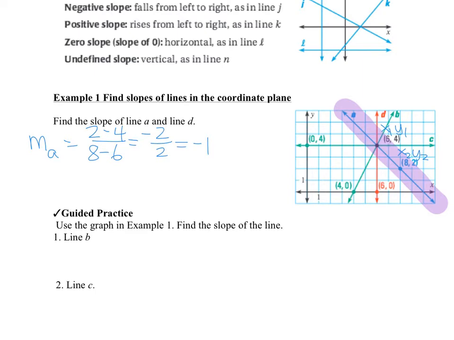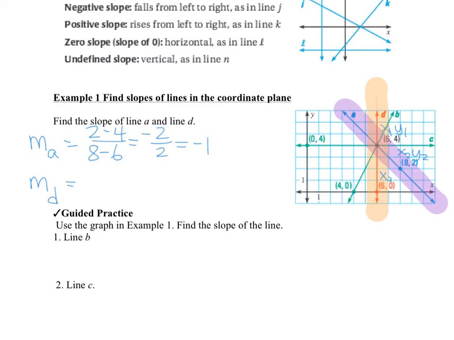Okay, and if I want to find the slope of line D, let's change it to orange. D is this one. And the two coordinates are 6, 4 again.